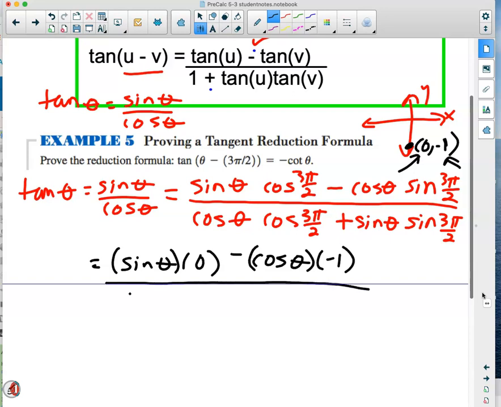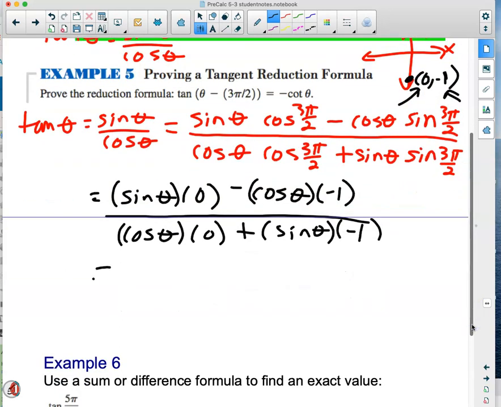In the denominator, cosine of theta and the cosine of 3 pi over 2, which was, of course, 0, plus, and then we have the sine of theta, but that's times the sine of 3 pi over 2, which was negative 1. So in the numerator, we now have minus a negative going on for cosine, so that would be cosine of theta. In the denominator, again, anything times 0 is 0, that's going to disappear. And sine of theta times negative 1 would be negative sine of theta.